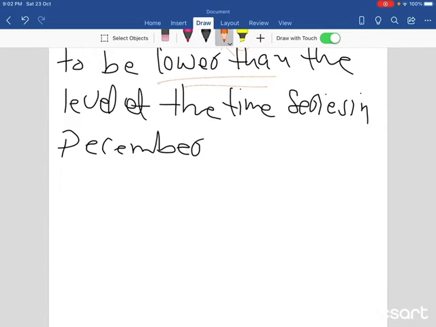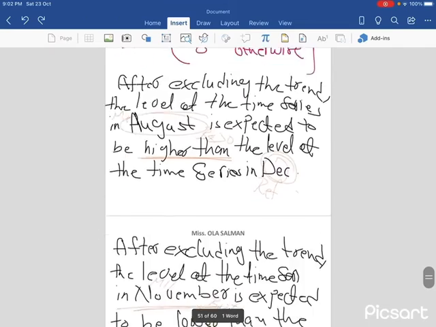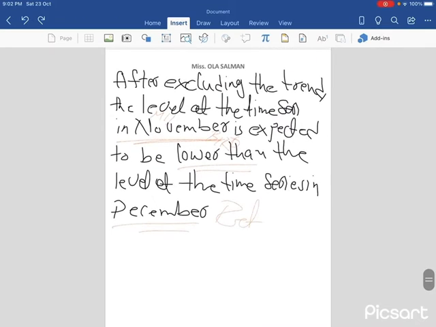Why do we write December? Because it is the reference season. Okay, so this is the interpretation, how you will write it for the coefficients.